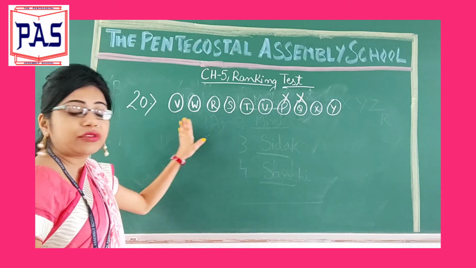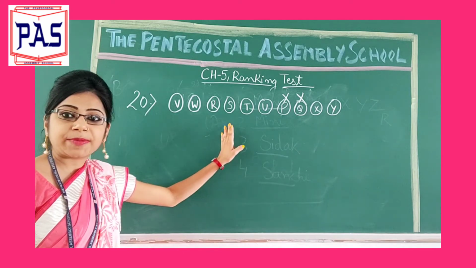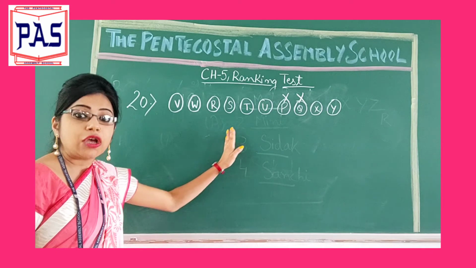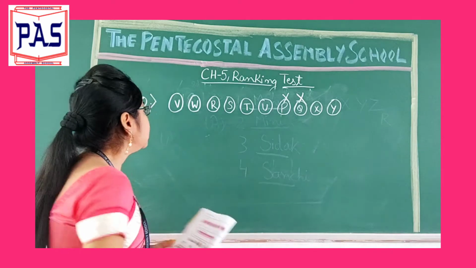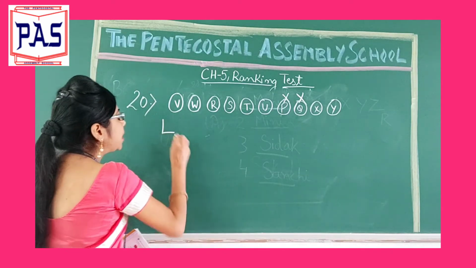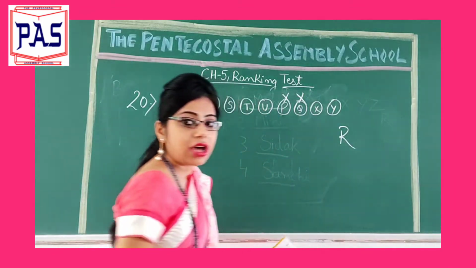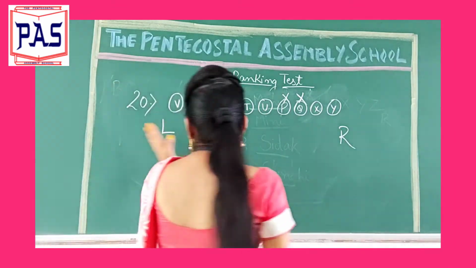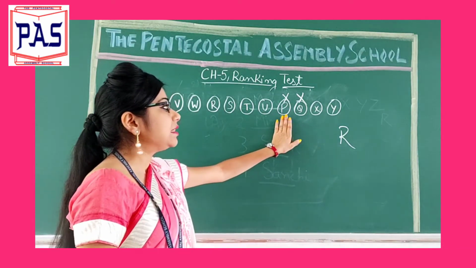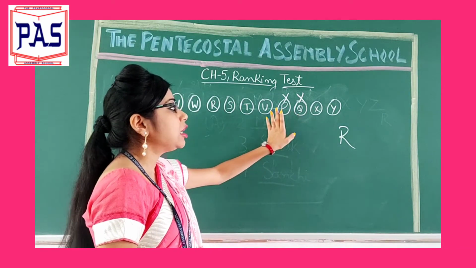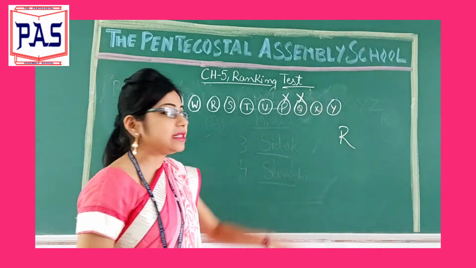So here you can see that the left side and the right side are not mentioned in the question. So what will we suppose? We will suppose this side as left and this side as right by default. Now the question is saying that P and Q will be removed from the series and placed at the right end.